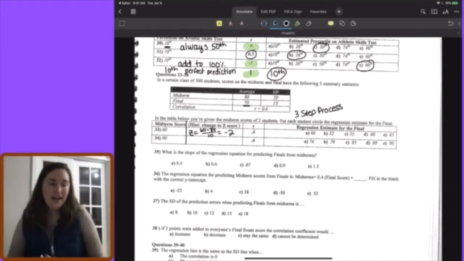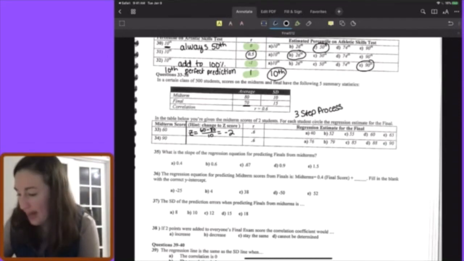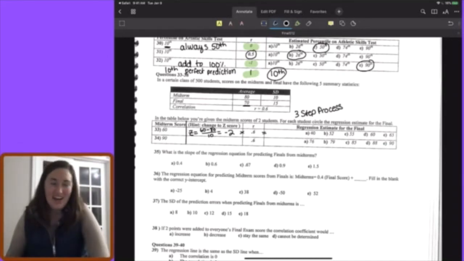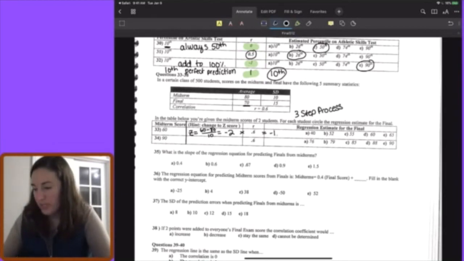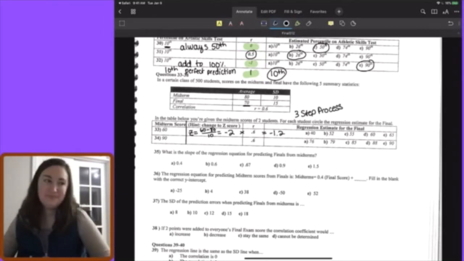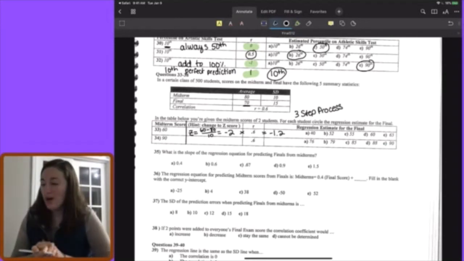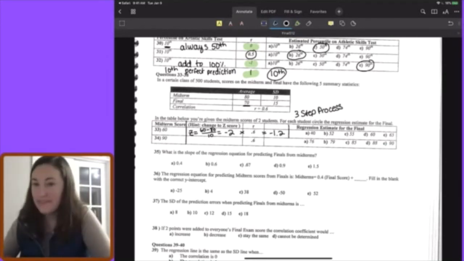And then if I multiply that by 0.6, I get my second z-score, which is -1.2. Then I convert that to a final exam score, using again the value formula. So value is equal to the average plus z times SD, and I'm doing this for the final.